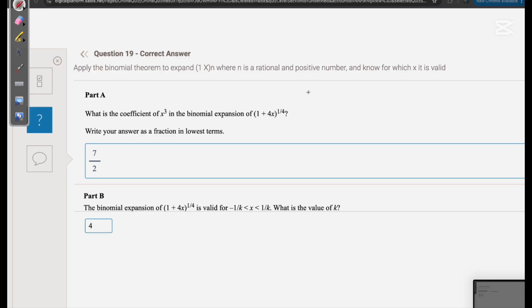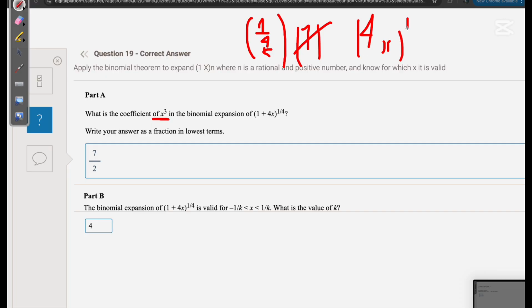So for part A, they want the x cubed term. So 1 over 4 ck, 1 to the 1 over 4 minus k, we just ignore it, just 4x to the k. K is 3 immediately, since they want the coefficient of it to be 3. Then we're gonna do the fraction way, since 1 over 4 is rational, not natural.